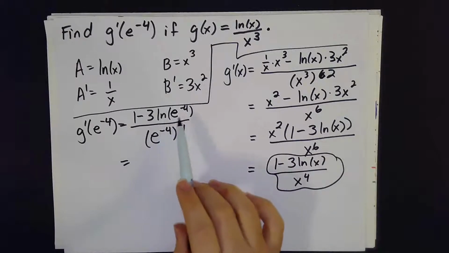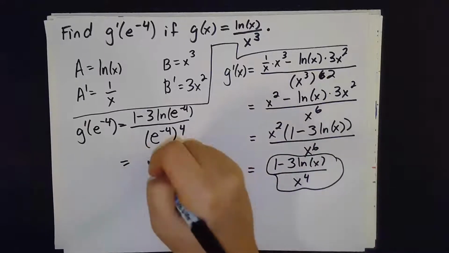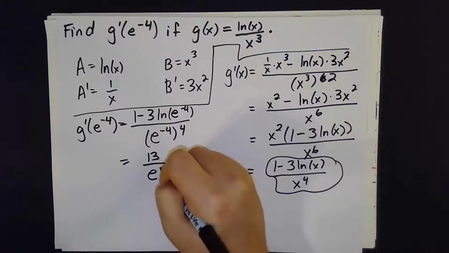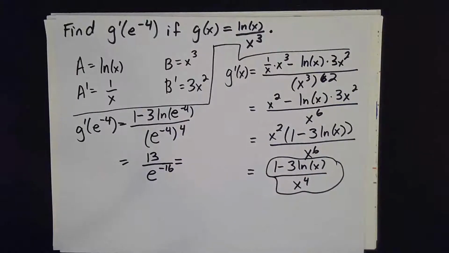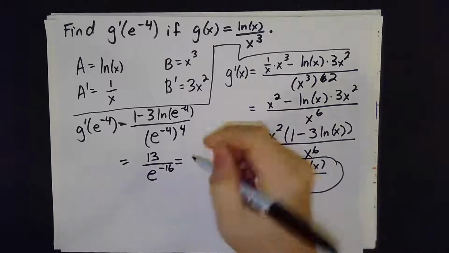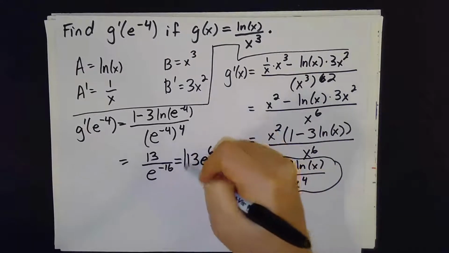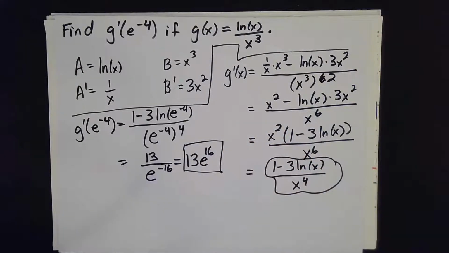The natural log of e to the minus 4th is minus 4. So this numerator here is 13. And then this is divided by e to the minus 16th. But an e to the minus 16th in the denominator would just be an e to the 16th in the numerator. So that is our answer.